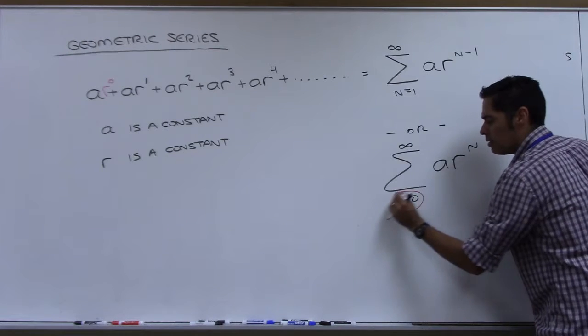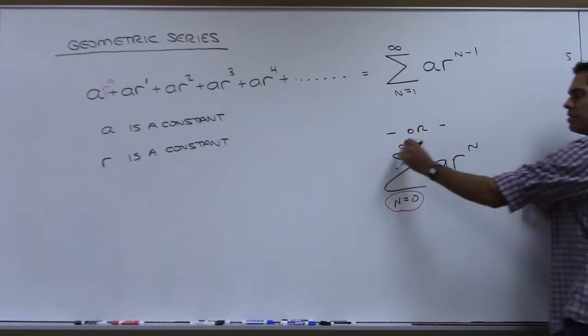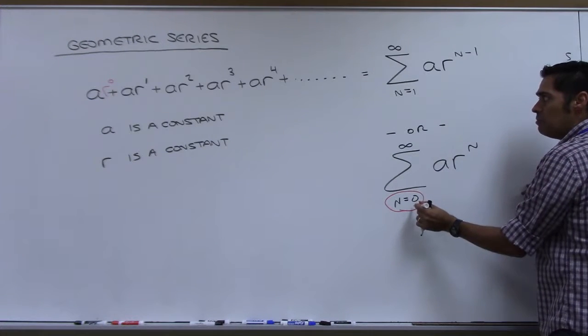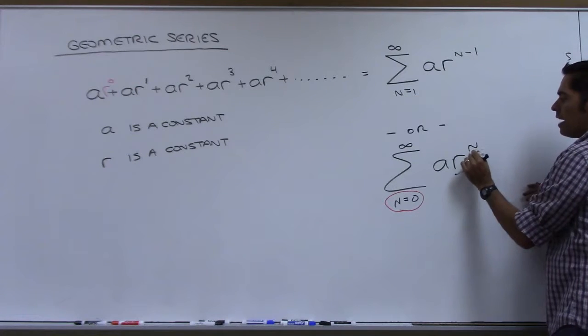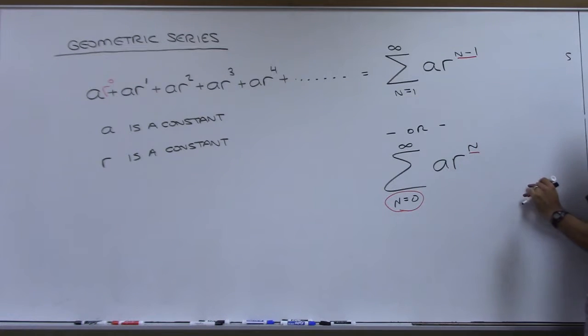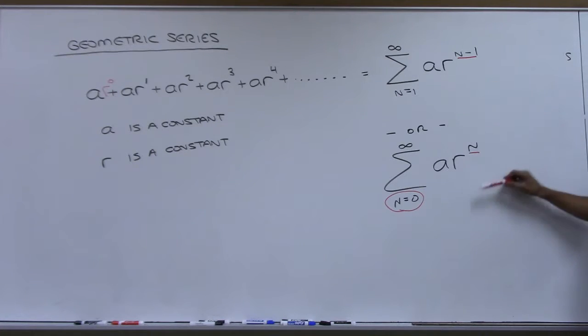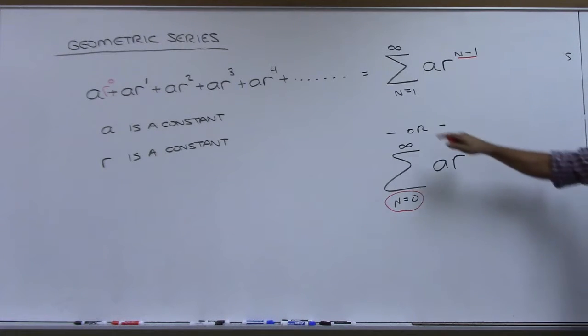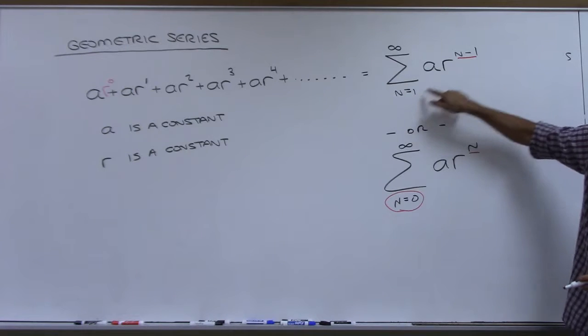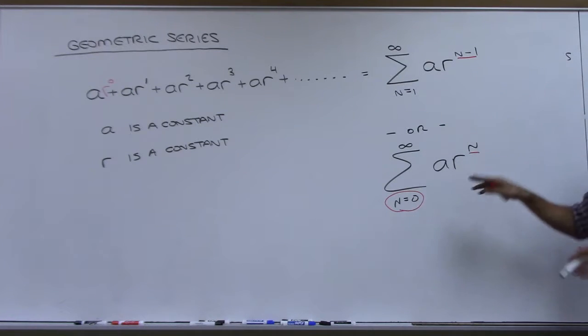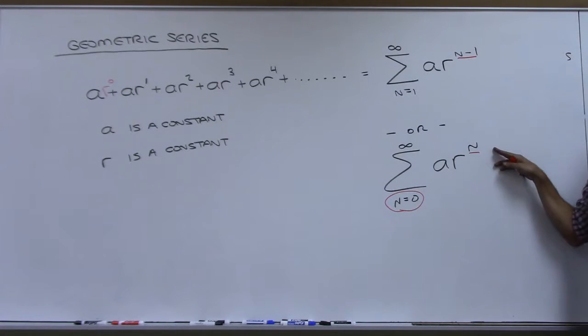This right here we call the starting index, and this is the stopping. I started at 0 instead of 1, but I also had to adapt this part to make it work. So these are the most common versions of a geometric series. It's either going to start at n equals 1, and you'll have a little n minus 1 up here, or it'll start at 0, and you'll have an n up here.